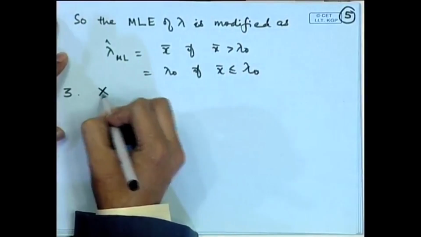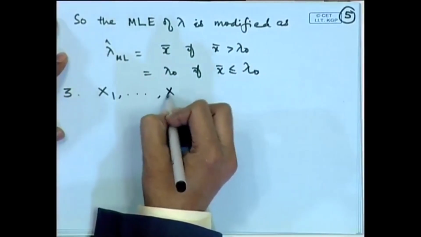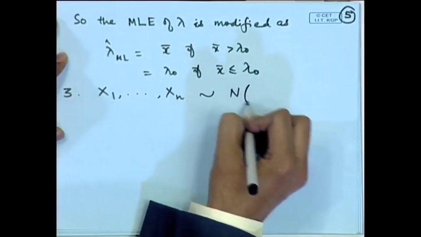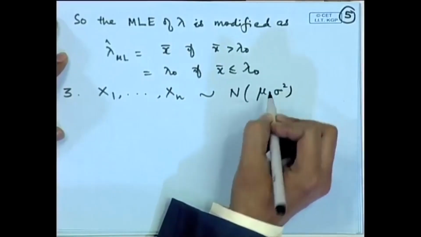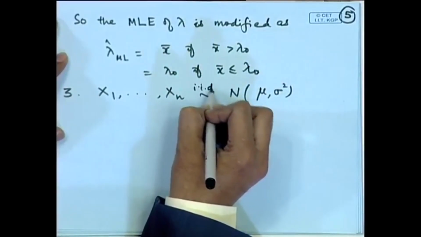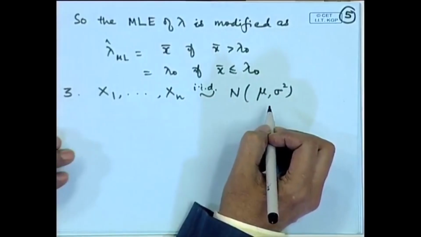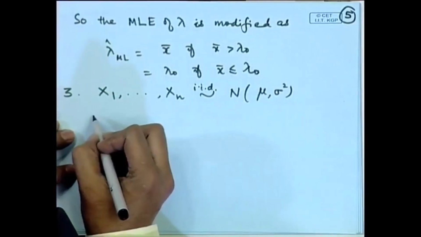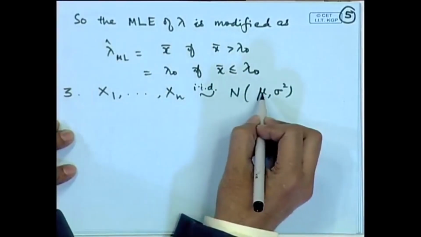Let us take another popular example. X 1, X 2, ..., X n follow normal mu, sigma square. If we consider the likelihood function here, then it is a function of two parameters, mu and sigma square.